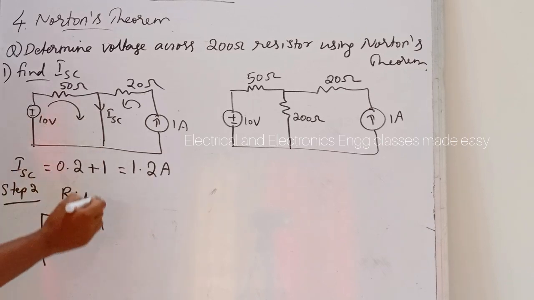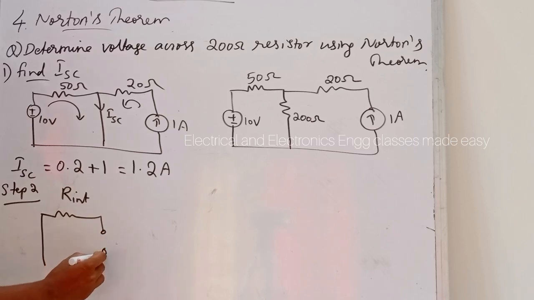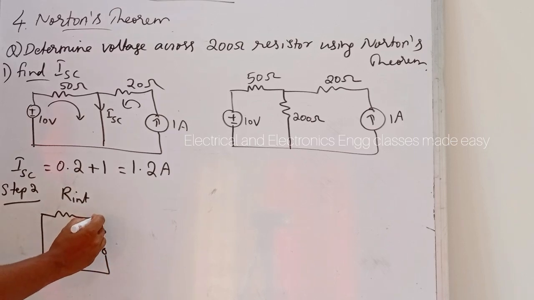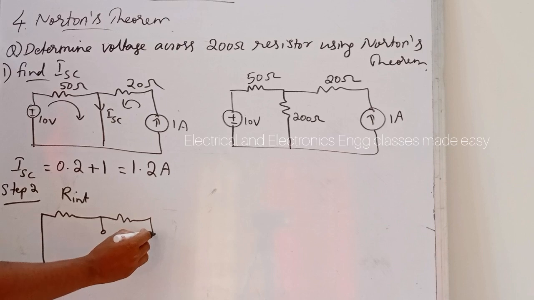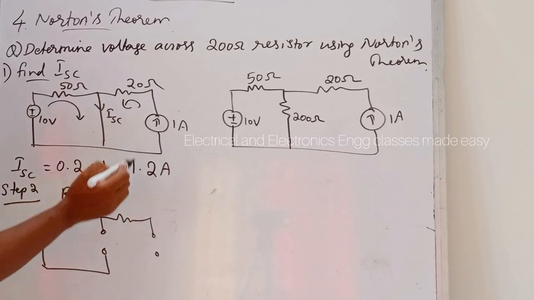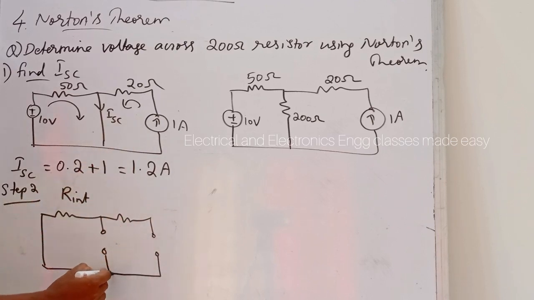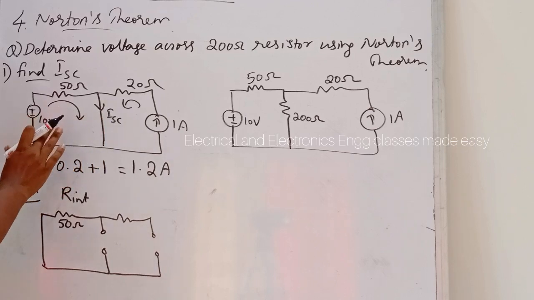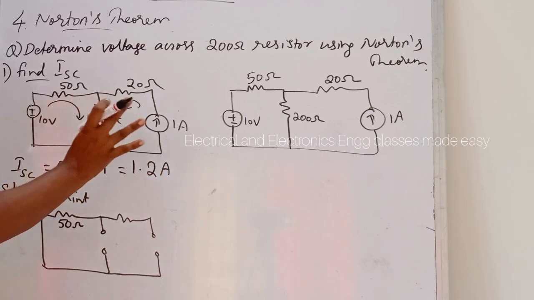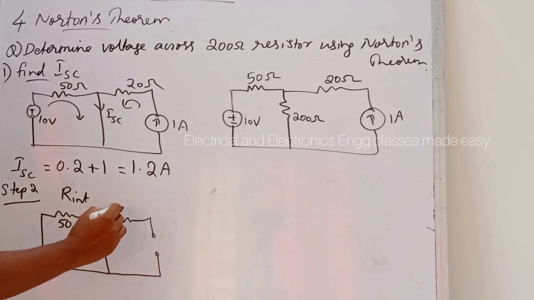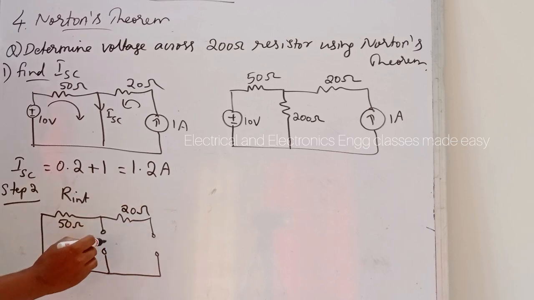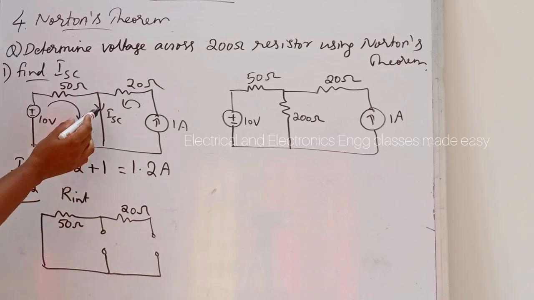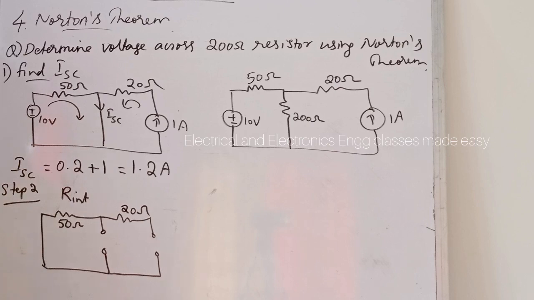That is, here we have to open this branch, then open circuit the current source. So this is the circuit after deactivating the voltage source and current source, and also open circuit this branch.